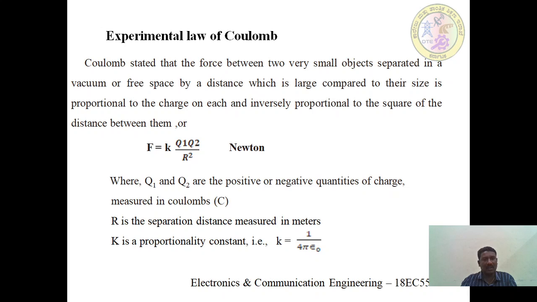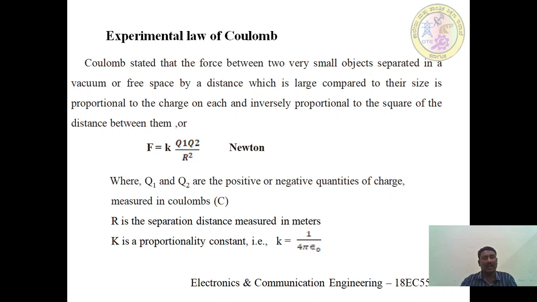First we define the proportionality, then we define a proportionality constant K. Then taking the proportionality constant K equal to 1 divided by 4 pi epsilon naught.